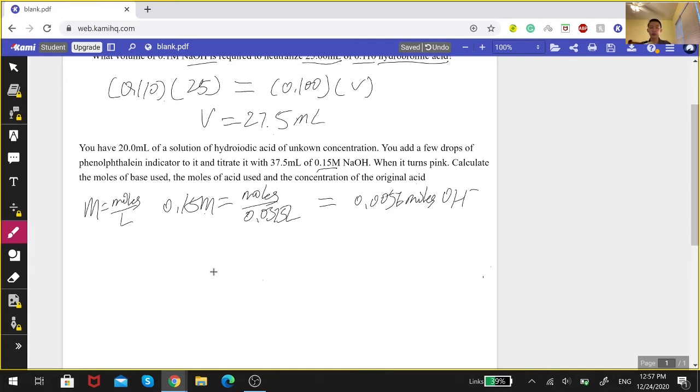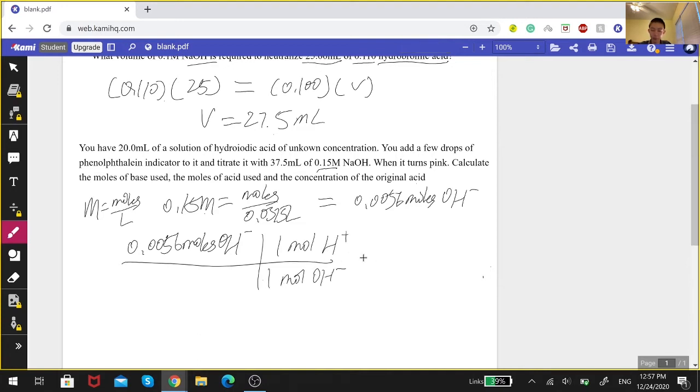Now we need to calculate the moles of H. We have 0.0056 moles of OH minus. We are using hydroiodic acid, HI, so for every 1 mole of H there's 1 mole of OH. That gives 0.0056 moles of H plus as well.